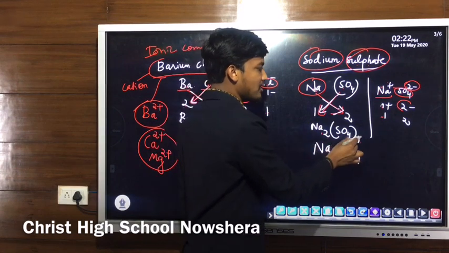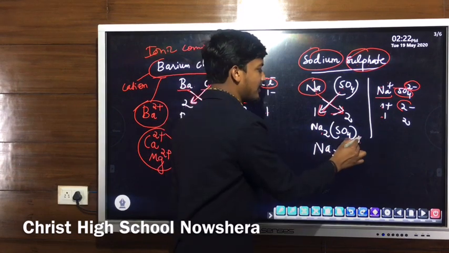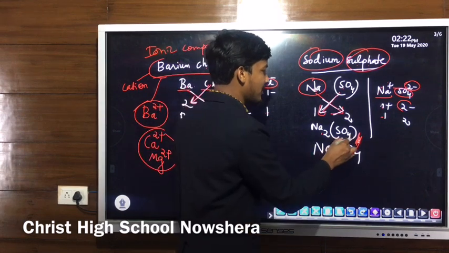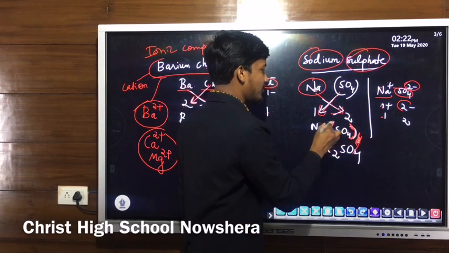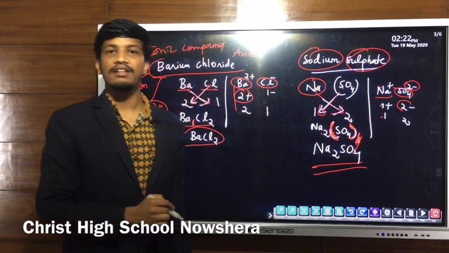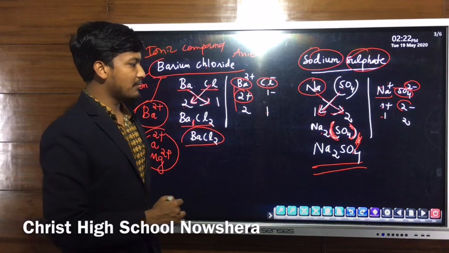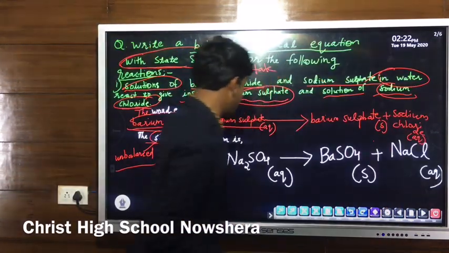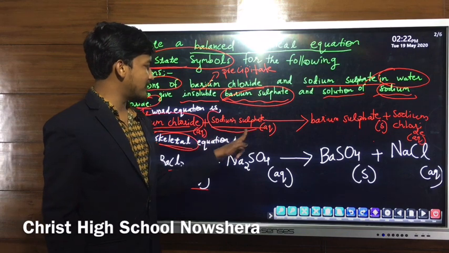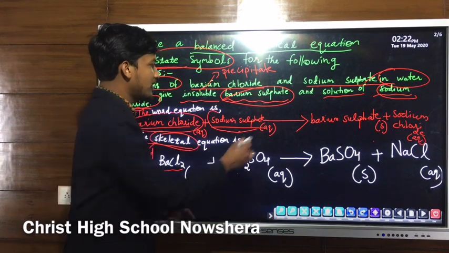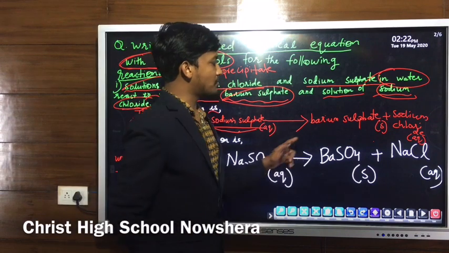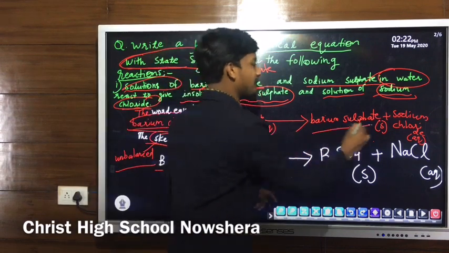If the number is 1, we can cancel it, and we can also avoid the brackets, and we get Na2SO4. So the chemical formula of sodium sulfate is Na2SO4, and its physical state is aqueous solution. It gives products, first one barium sulfate.